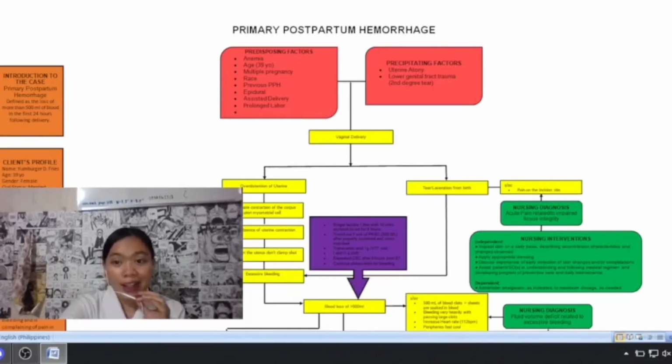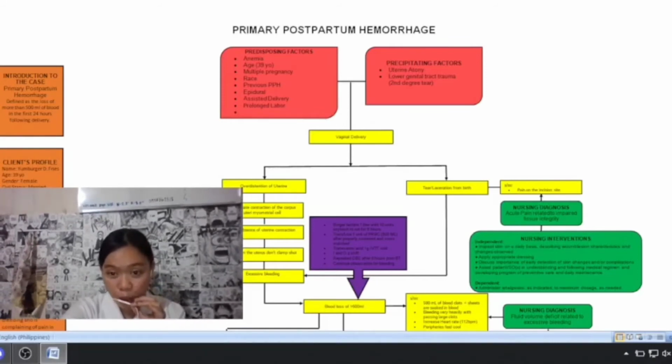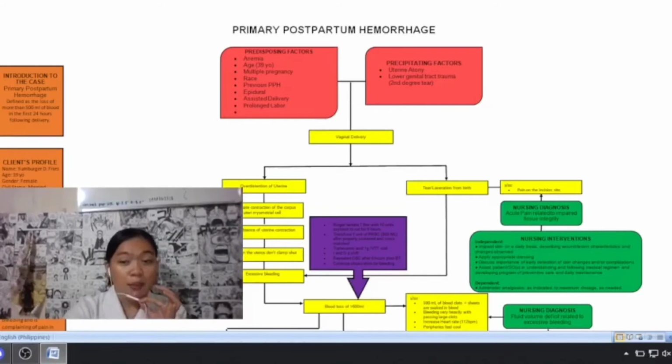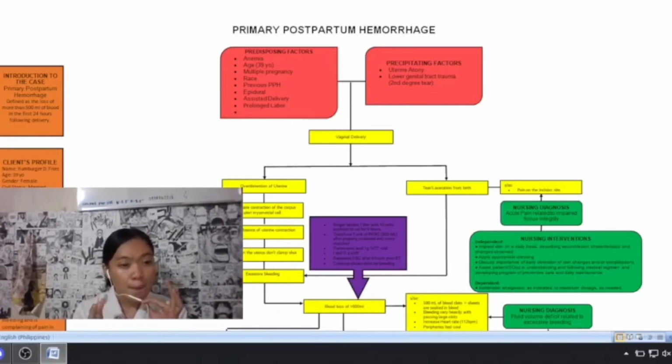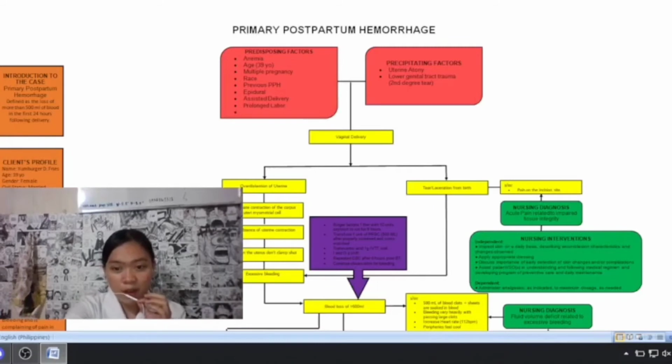The tear and laceration from birth also lead to excessive bleeding. Since the vascularity of the tissues in that part has increased because of pregnancy, if there is a tear or laceration there, it causes bleeding.